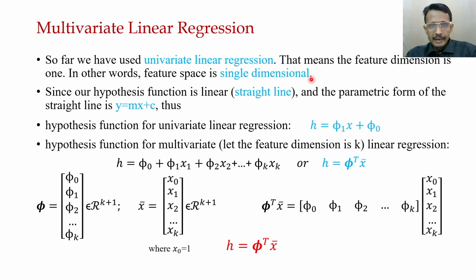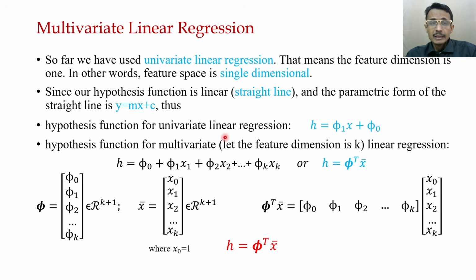Now with this single dimension, our hypothesis function h phi of x is a straight line, whose parametric form is y equal to mx plus c. So in our linear regression it is phi 1 x plus phi 0, where phi 1 is like m and phi 0 is like c.